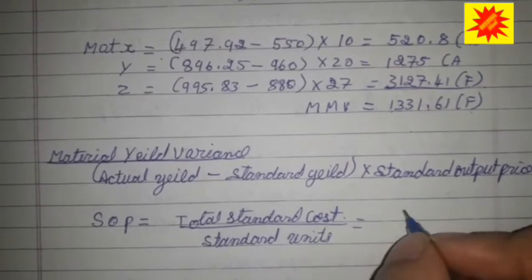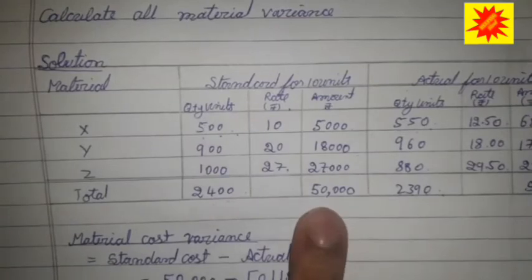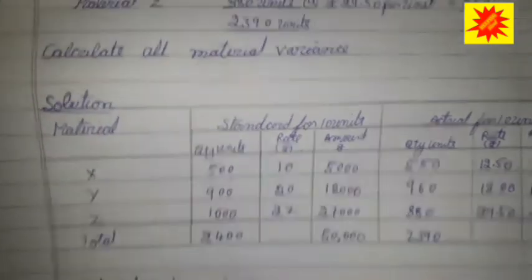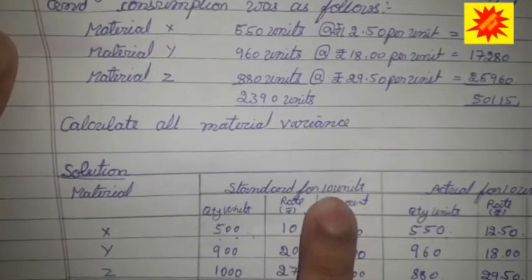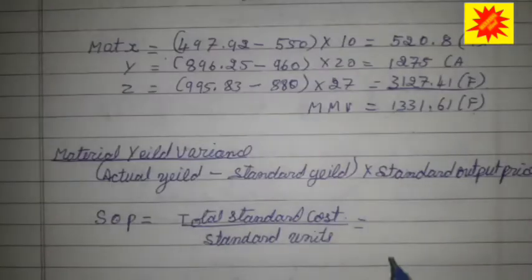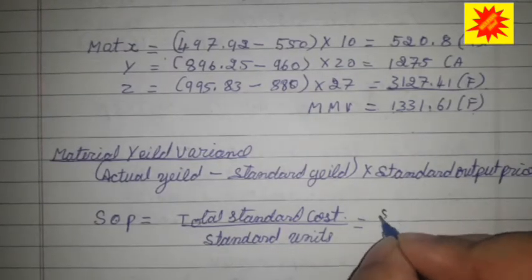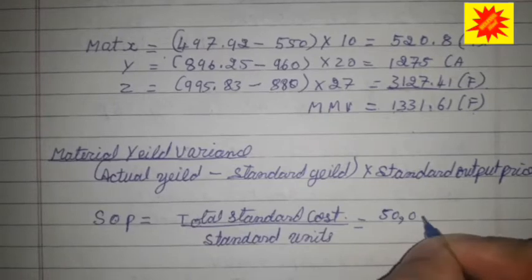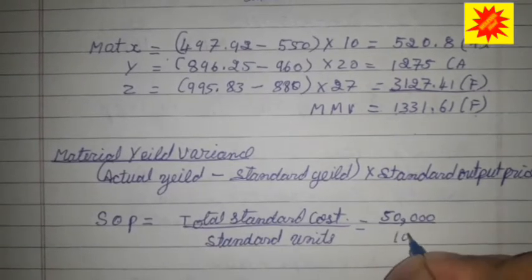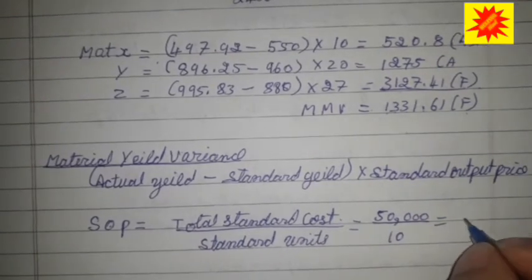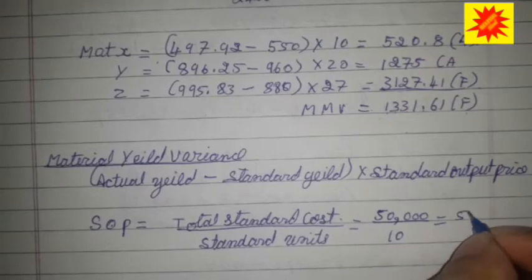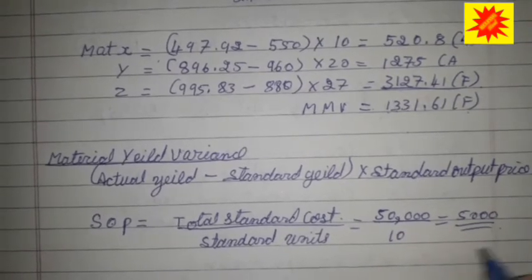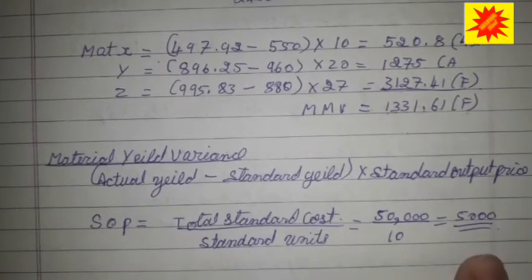See, in this question, total standard cost is 50,000, right? And the standard units is 10 units, which is given to us. So 50,000 divided by 10 will give us 5,000. So this is our standard output price.